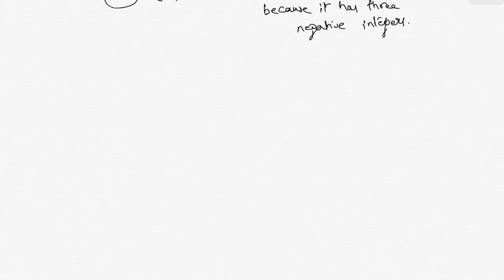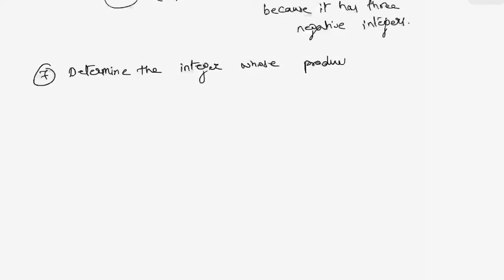Now we have completed till here, and next we are going to see: determine the integer whose product with minus 1 is the given number. Now I told you, when it says product, don't get confused, in the video number 1.